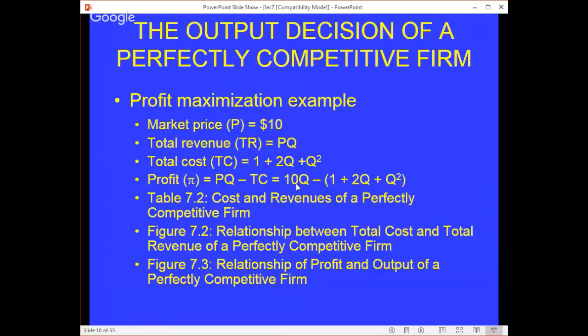But we find that out by maximizing profit. We can find it out other ways. But in this case, what would marginal revenue be? We know that the price is 10. What would marginal revenue be?